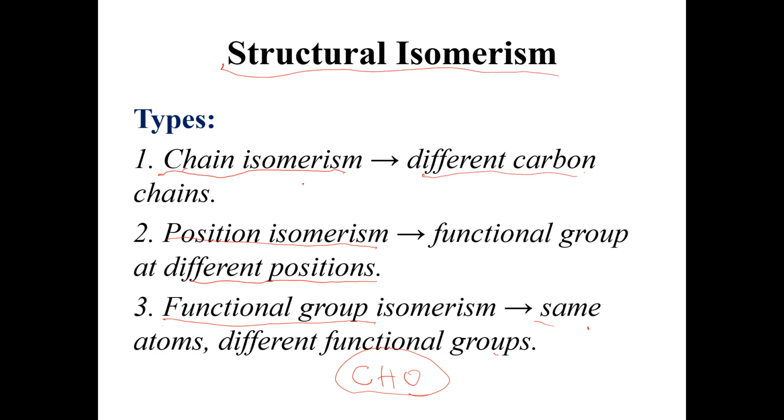But when you look at the functional groups that they have, you find that they are different. We shall look at each one of these. We are going to look at examples of chain isomerism, examples of position isomerism, and functional group isomerism. So we shall be able to understand how we can see that they have the same atoms, but they have different functional groups.